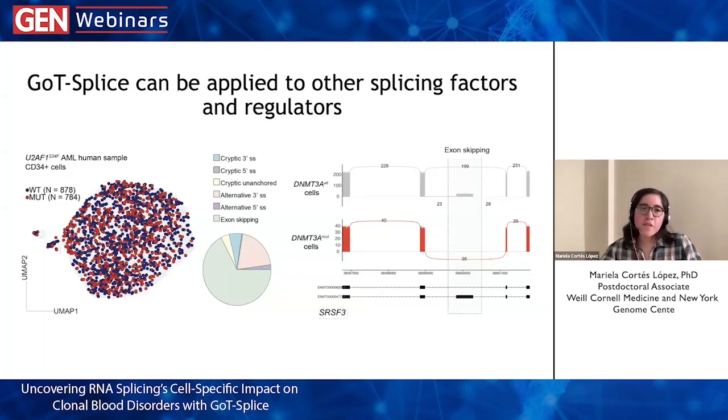This means that GoT-Splice could also be a technique that allows us to understand how other types of regulators or genes can also be involved in the different processes to regulate alternative splicing within single cells.